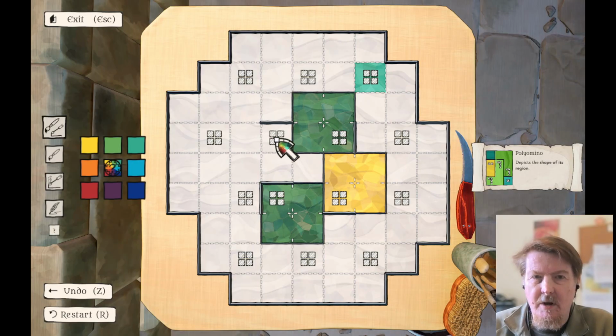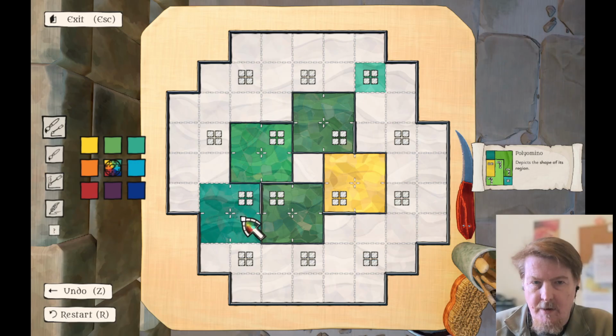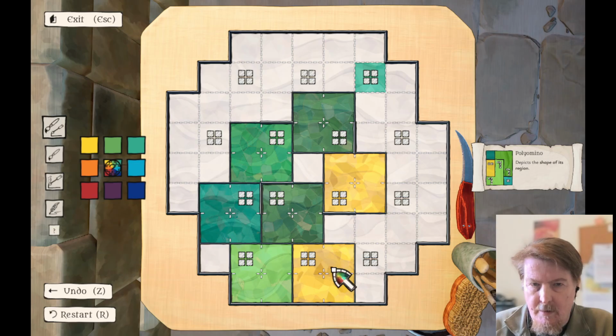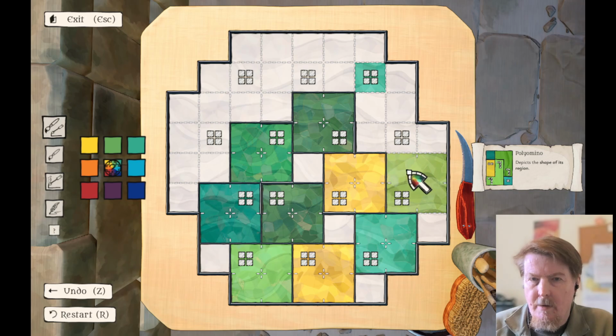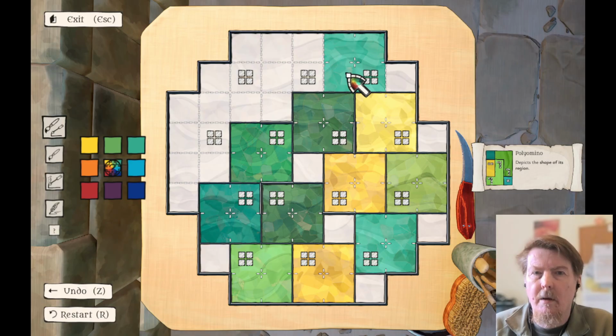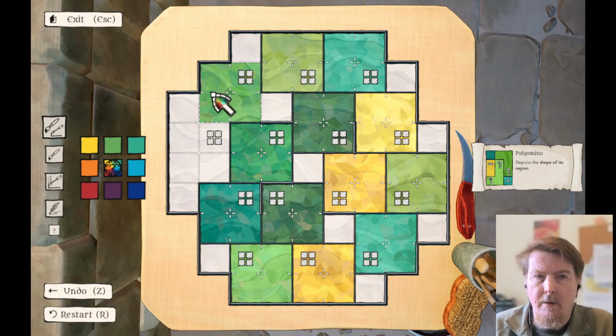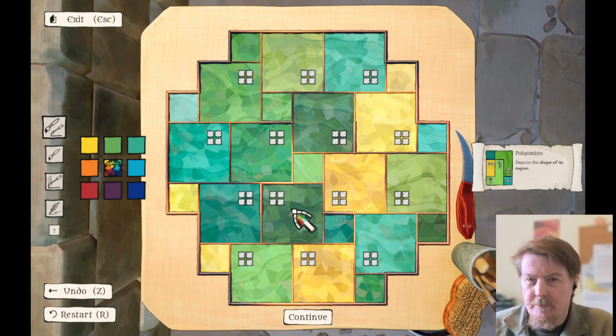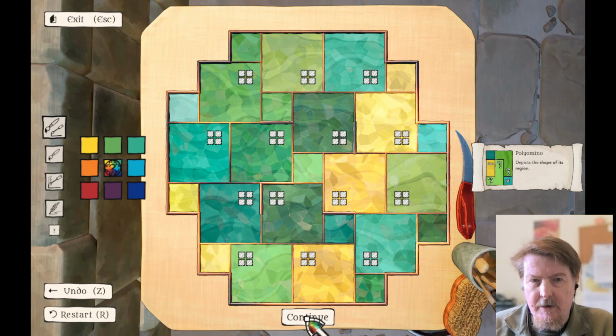Forces this one, which forces that. Nice little spiral.